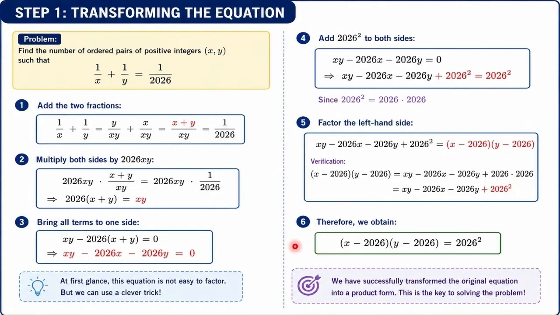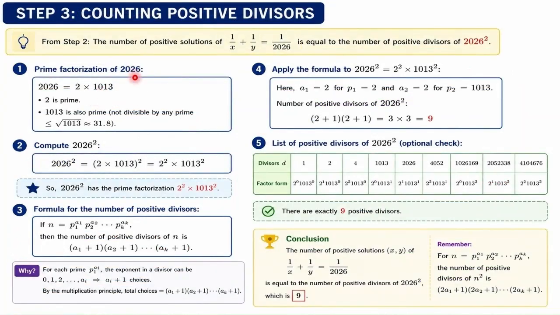Let us look at the equation carefully. Our original problem has now become a new question. How many ways can we write 2026 squared as a product of two positive integers? To answer this question, we first find the prime factorization of 2026.